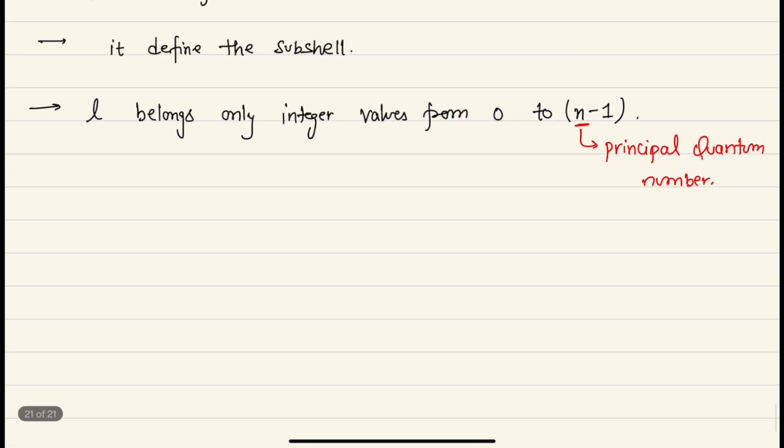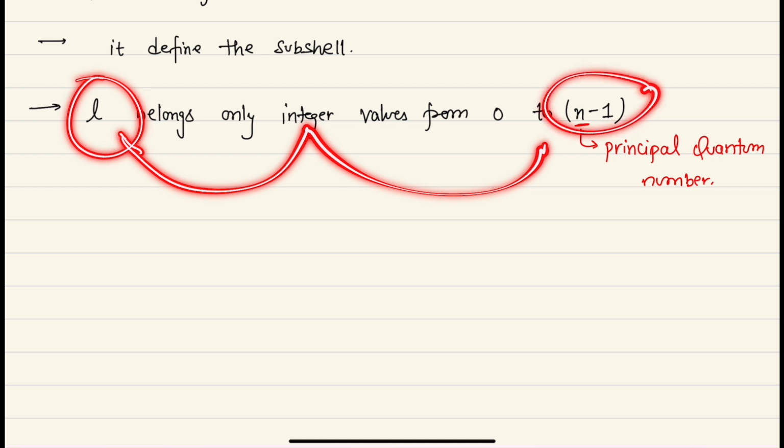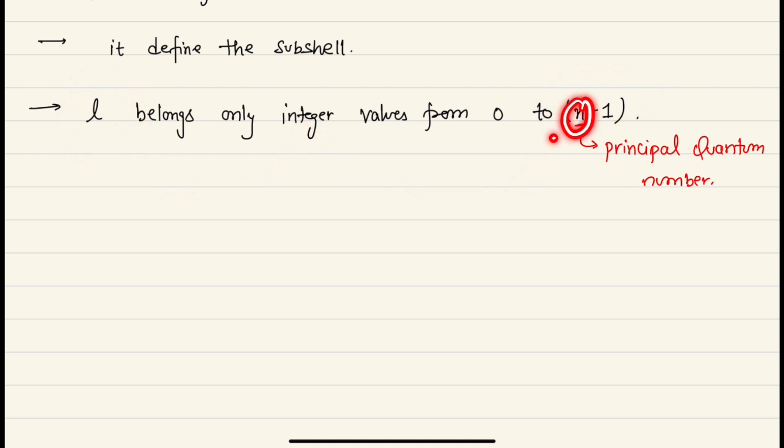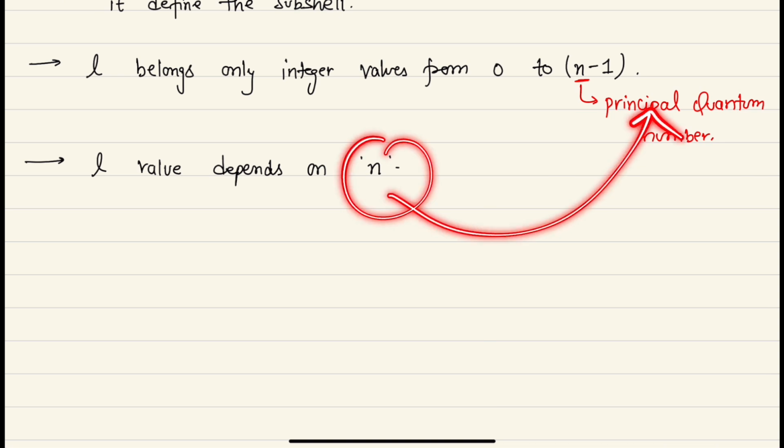If you see carefully, this L value comes only as an integer value from 0 to n minus 1, and the principal quantum number appears here. It means this L value depends on n, the principal quantum number.